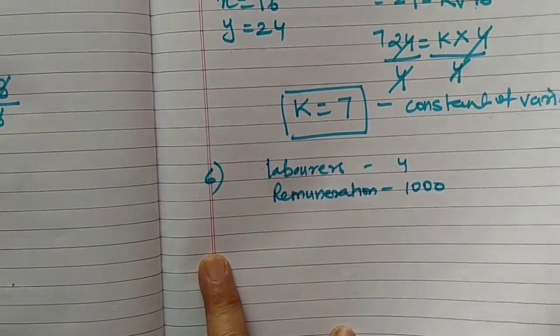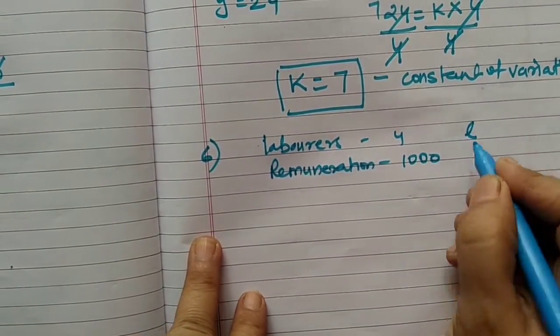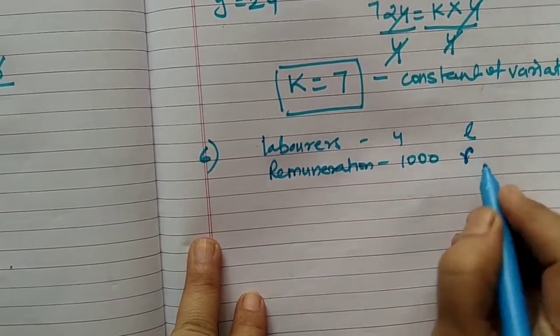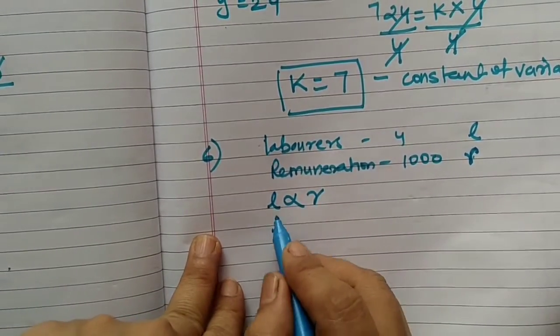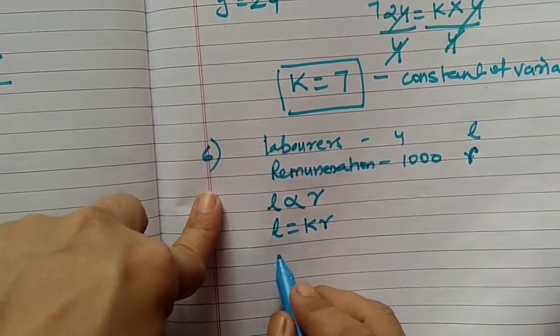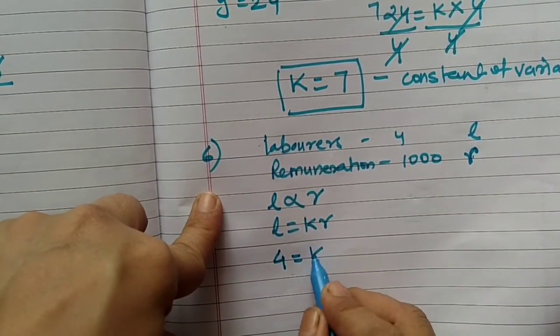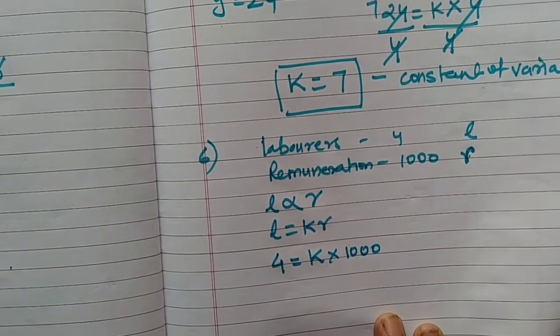Now we have to find what here? Laborers, that is L, and this is R, remuneration. So L is directly proportional to R, or L is equal to k into R. Now what is L? 4. k we have to find out, and R is 1000.